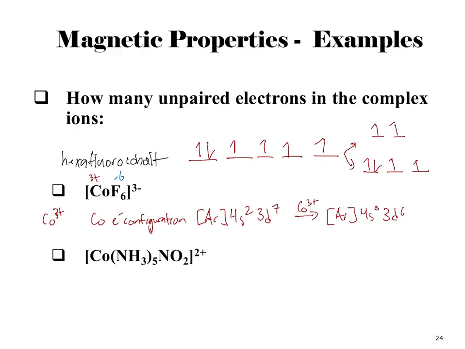So the fact that it's weak field means that we have 4 unpaired electrons. Does that make sense? All right, we look, is it strong field or weak field?